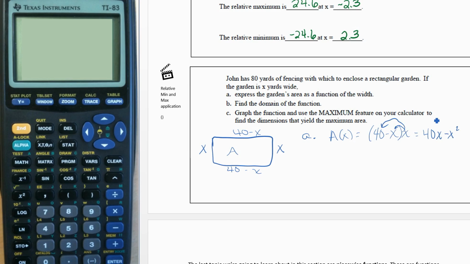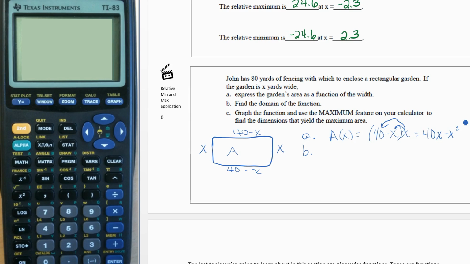We're just taking this x times the 40 and the x times the x. Now, the domain of this function, oops, sorry, that should be part B. I was thinking B and thinking domain. The domain, remember, is what x values are allowed to be plugged in. Our A of x is just a polynomial, so we would think it would be negative infinity to infinity. But we have to think about the context here.